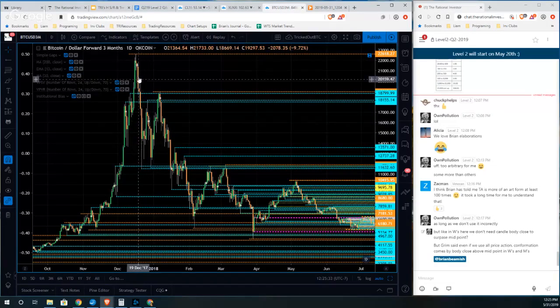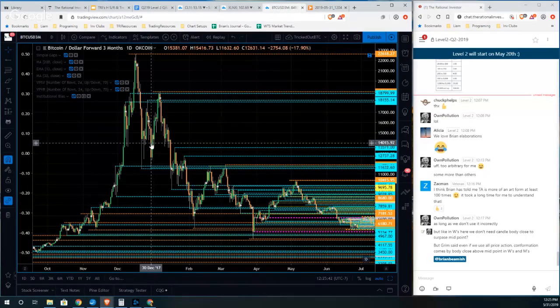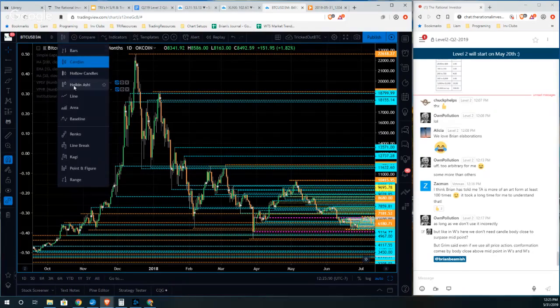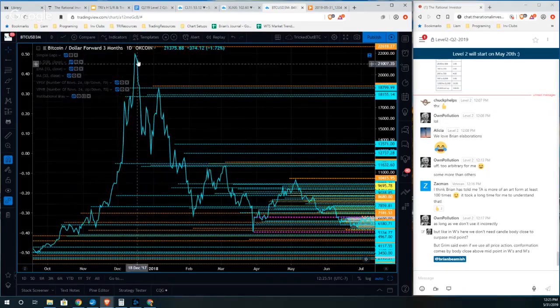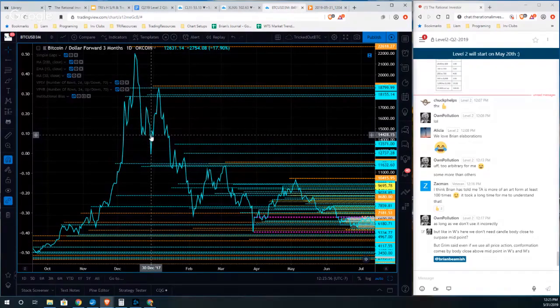If we changed this to a line chart, you'll see that we went up, we came down, we went up, and we broke down. So technically, if we went off of just clotheslines itself, watch what happens when I change this to a line chart. Theoretically, our bearish market structure, according to clotheslines, confirmed there.